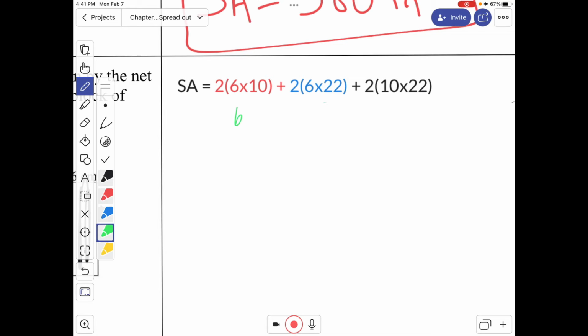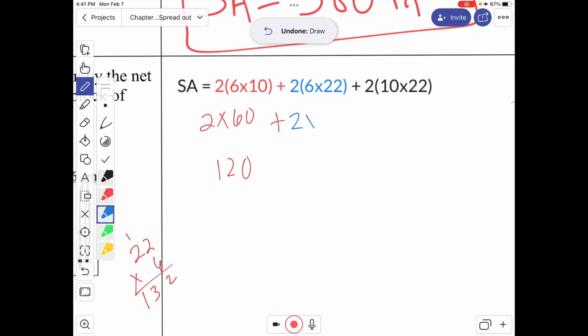First we have 6 times 10, which is 60, times 2. 6 times 22, 132. So 2 times 132 plus 10 times 22 is 220 times 2.